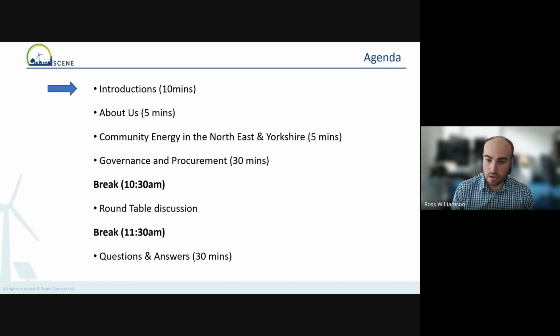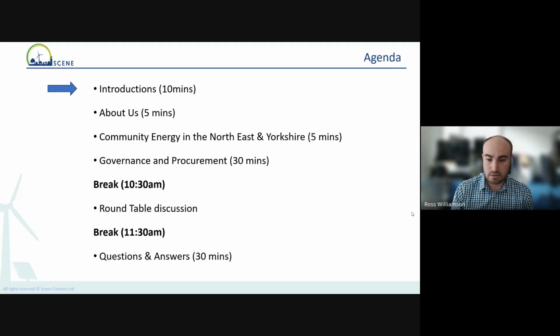And then rather than a specific workshop activity, we've got a structured roundtable discussion, and that'll be hopefully a really helpful place where we can all share our past experiences, because obviously a lot of you represent community organisations that have been through particularly governance structures, and there'll be a lot of shared experience that I think can be helpful to other people on the call, and so that'll be an opportunity for us to ask questions of Alex, but also share our own experiences.